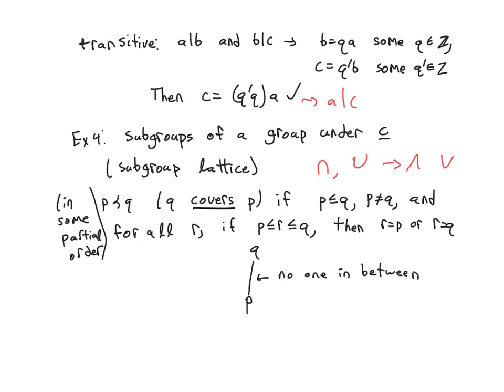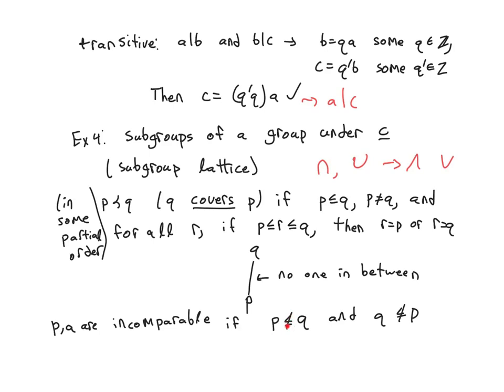Another terminology that I haven't mentioned yet is that P and Q are incomparable if P is not less than or equal to Q and Q is not less than or equal to P. It should be clear from context what we mean when we say not less than or equal to.